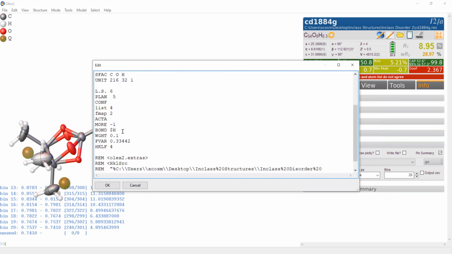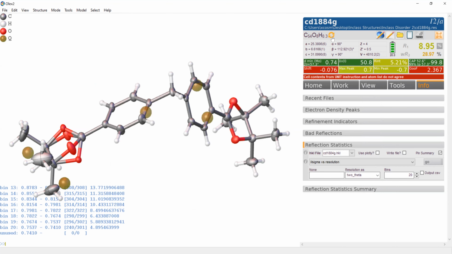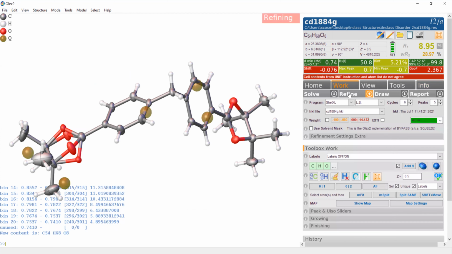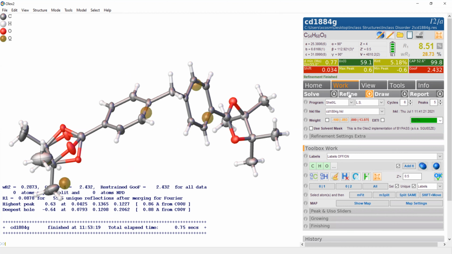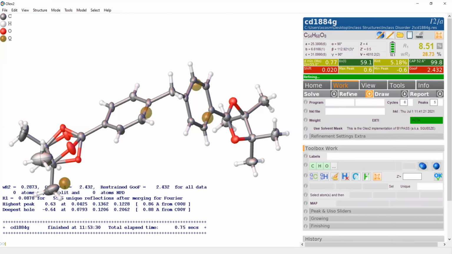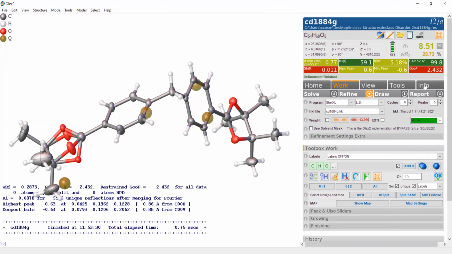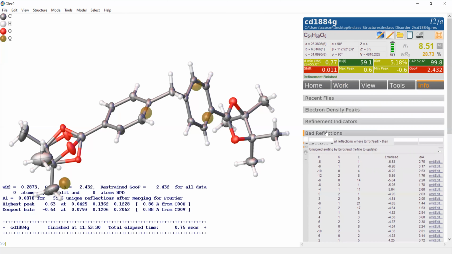And so in the second set of instructions, omit -3 55. We can update the formula. Info, let's check bad reflections, still good.